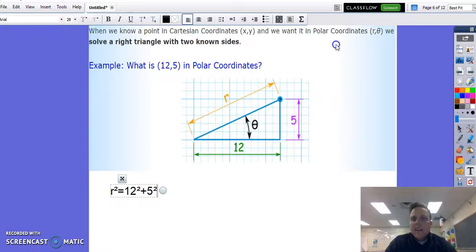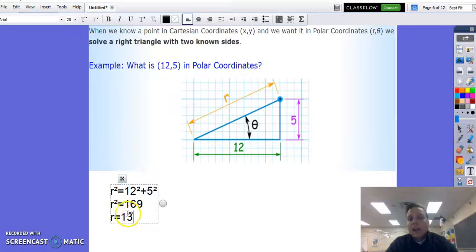You could do the rest of this without me, but just because I'm here, I'll follow through on it. I know that 12 squared is 144. I know that 5 squared is 25. I add those two together, I get 169. You square root both sides, and you get r equals 13.